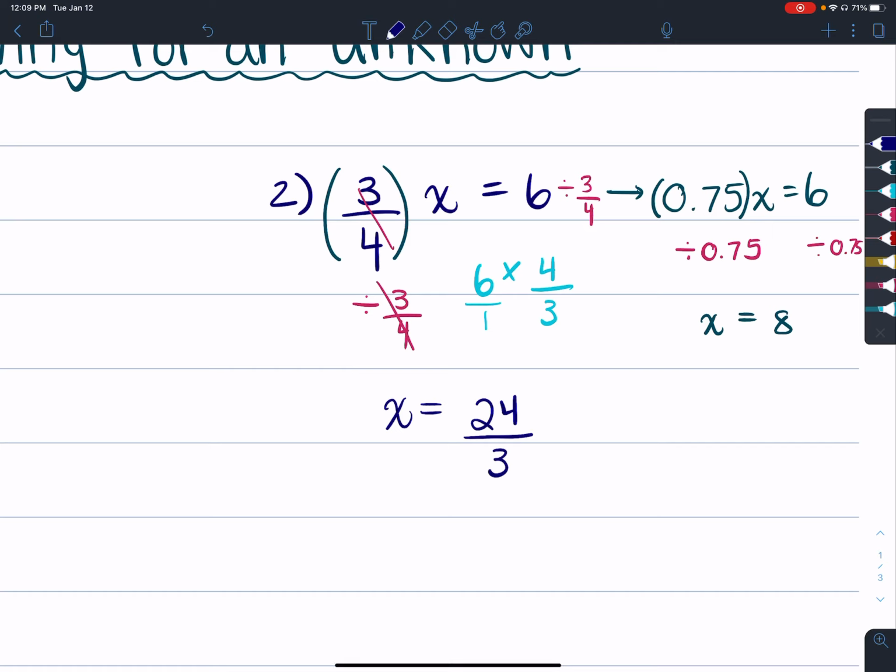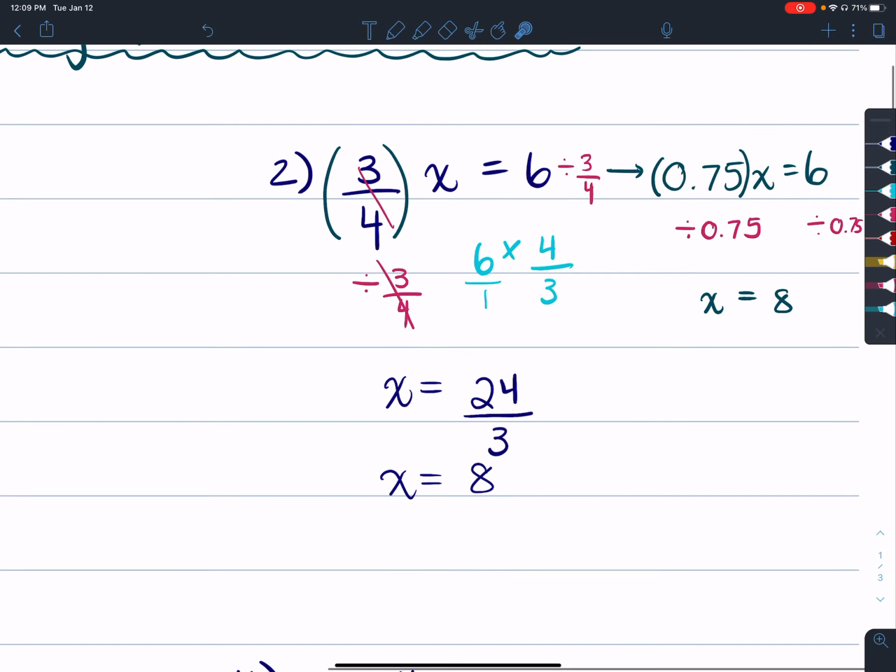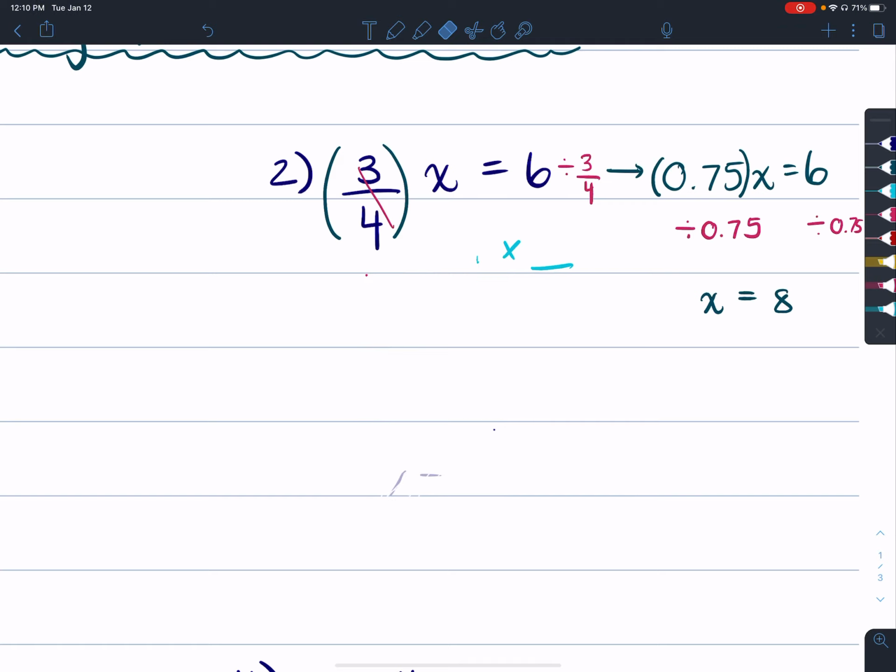And then you can do that simplification, 24 divided by 3. That would give you the same thing, x equals 8. So that's if you wanted to jump into dividing by the entire fraction. And then I'll show you the way that I actually prefer to do it, which is step by step. So I'm going to erase this. We're going to arrive at the same answer.